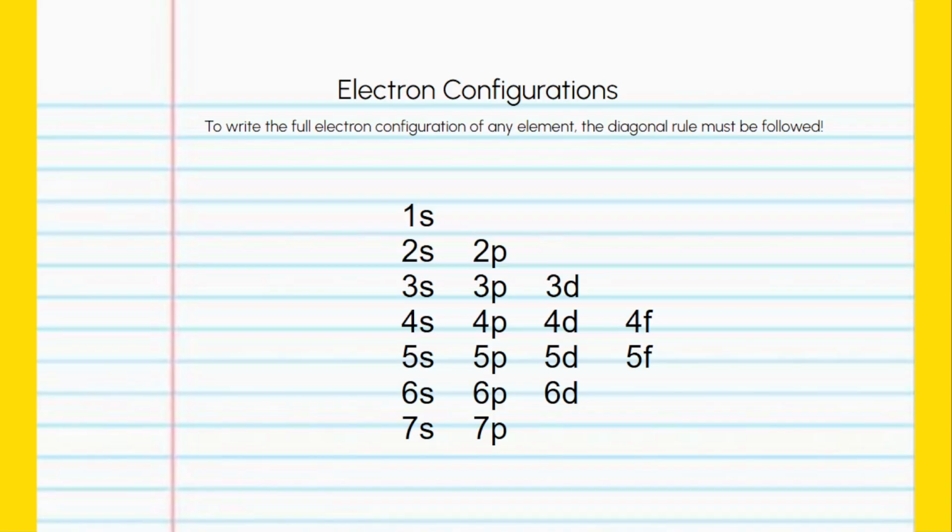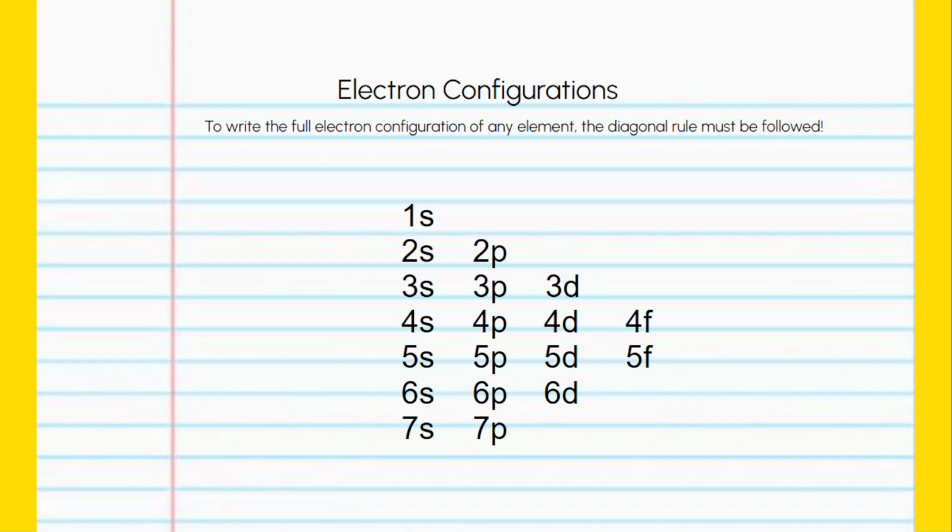So for now, just follow along with me, and in the next lesson, I will connect you from here to the periodic table. So right now we have this 1 to 7s, and then we have 2 to 7p, and then we have 3 to 6d, and 4 to 5f. Okay, so this is the general table that we have to follow, and then there's a diagonal rule.